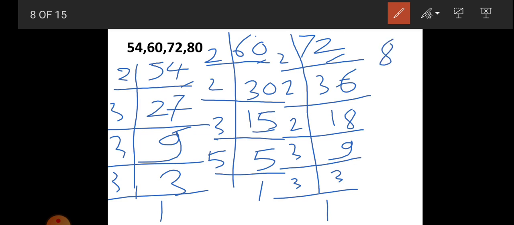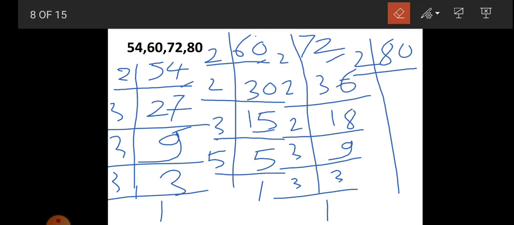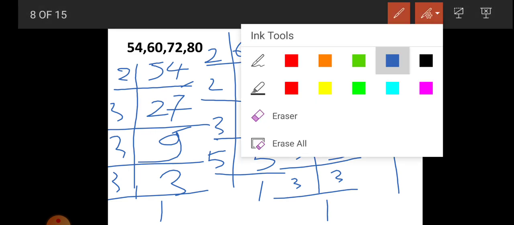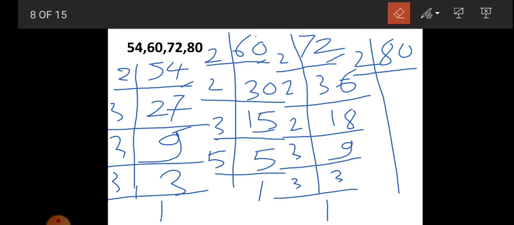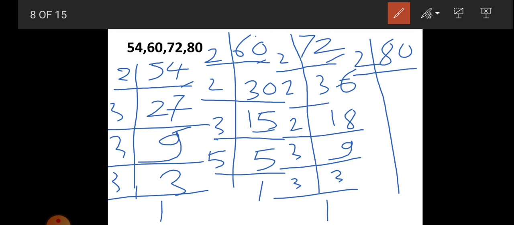Now the next number is 80. Again 2: 2 fours are 8.